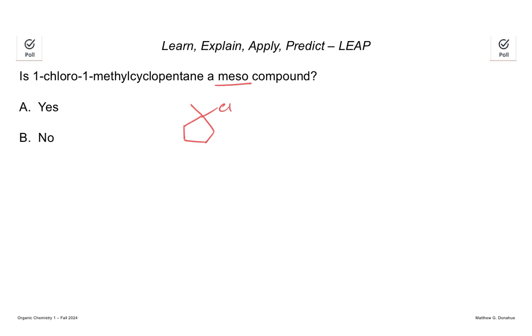A meso compound has to have stereogenic centers, and then it must have an internal mirror plane. And therefore it will not rotate plane polarized light. So this is not a meso compound because there's no stereocenter, so it doesn't pass the first checkpoint.